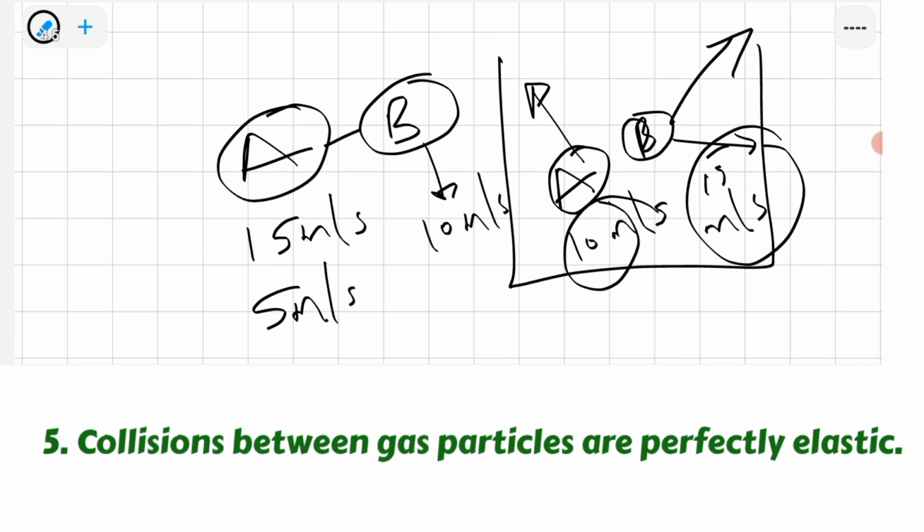The particles do not slow down. They keep on moving at that same speed. That's why the collision is elastic. If the speed is slowing down, you say the collision is inelastic. But that's not how it is in gas theory. The collisions in gas theory are elastic. There's no loss of kinetic energy. That's just the meaning. They do not slow down. They move on with that same speed.